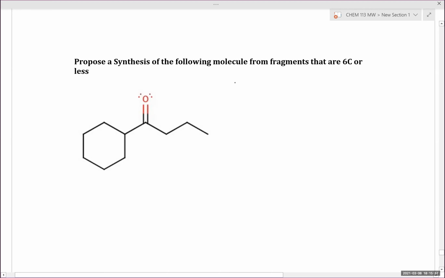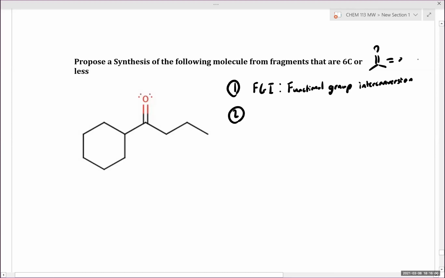Now, there are two tools that we can use at our disposal. The first tool is an FGI, or functional group interconversion. This is one retrosynthetic step that we can utilize. A classic example of this is tracing back ketones to the corresponding alcohol.